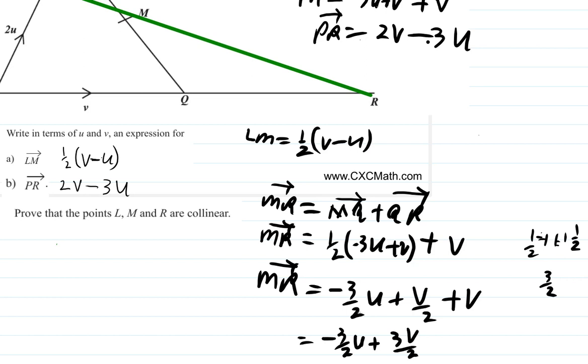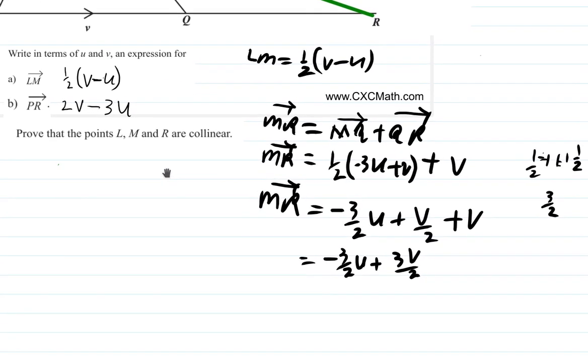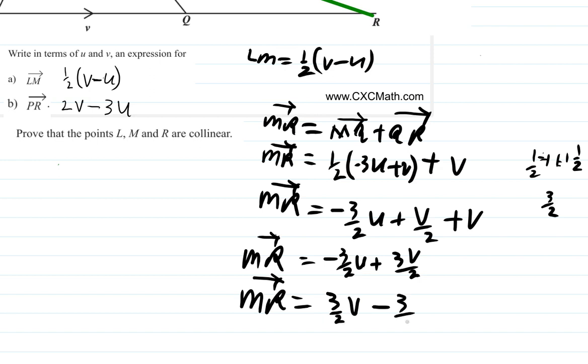Alright. So it's 3V over 2. This is MR, you know. Now, MR, let's rewrite it. Put the positive one in front. So it's 3 over 2 V minus 3 over 2 U.